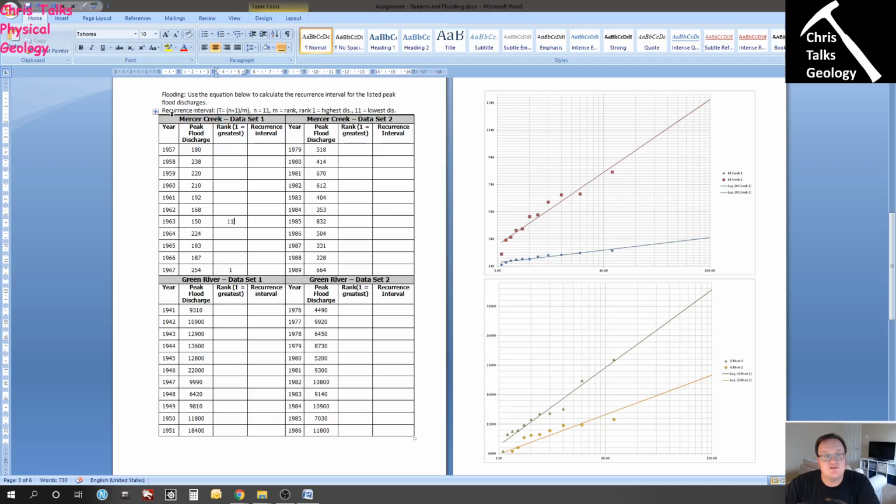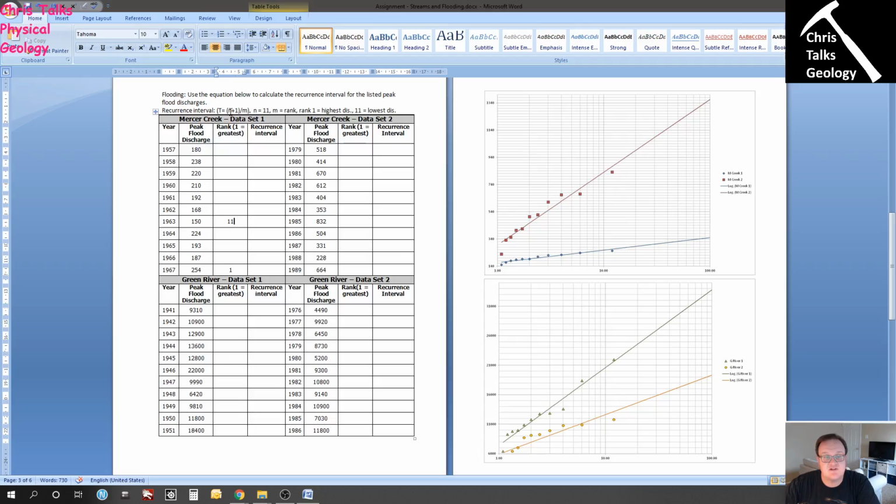Now from that we can do our recurrence interval calculation. So the recurrence interval T is calculated by n, which is the number of data points you have. So in this case the number of data points is going to be 1, 2, 3, 4, 5, 6, 7, 8, 9, 10, 11. So for each of these tables we have 11 data points.